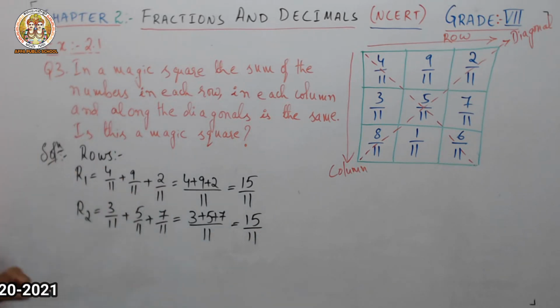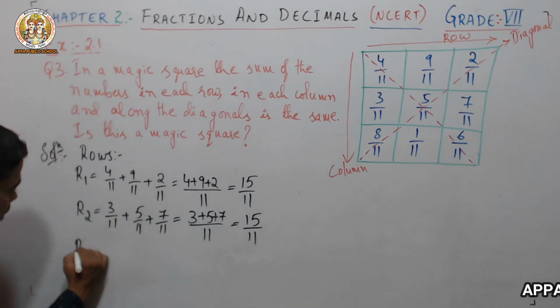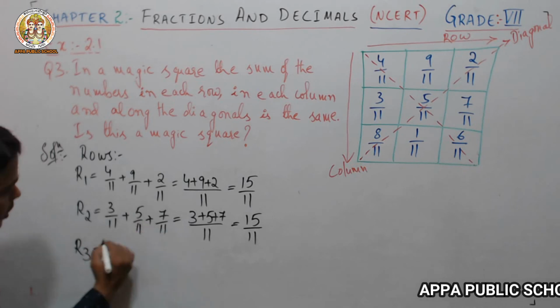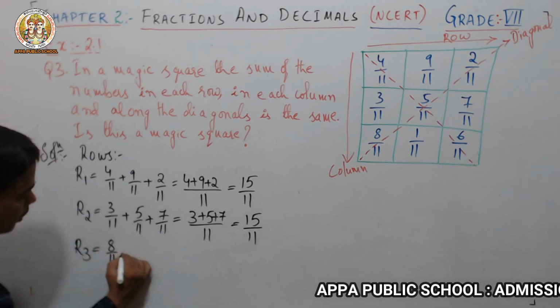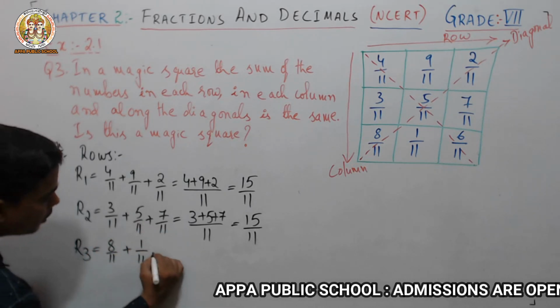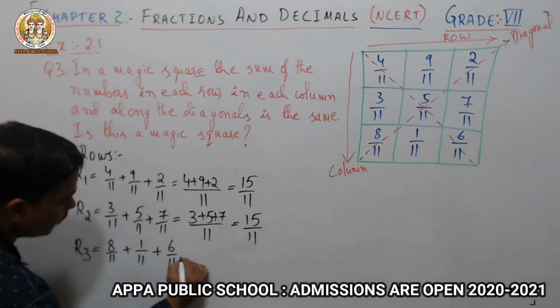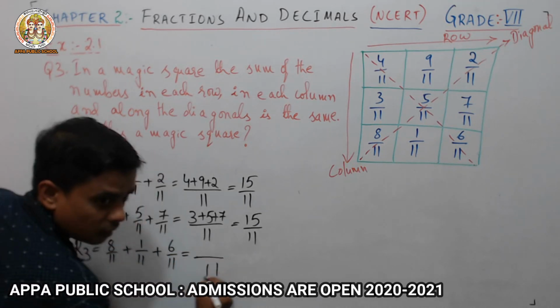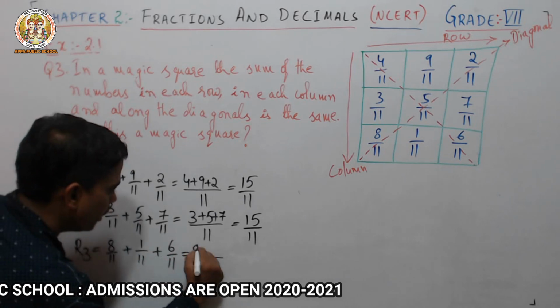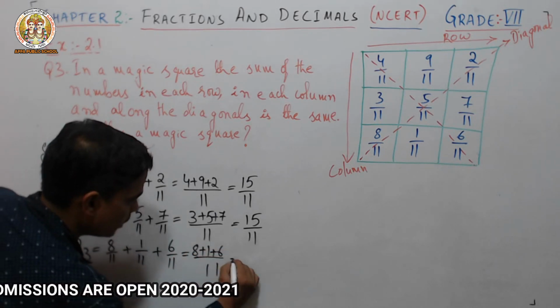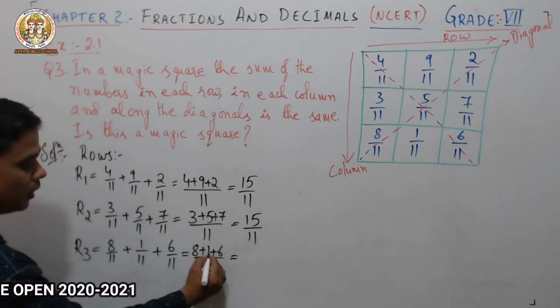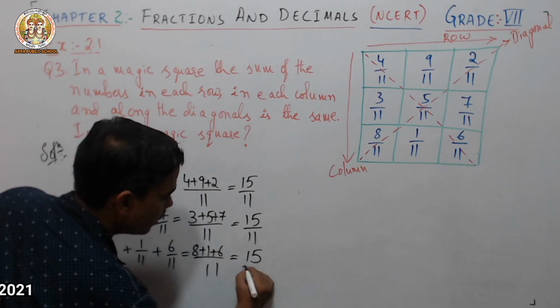R1 and R2 I got 15 by 11, 15 by 11. Next I will move to R3, which is 8 by 11 plus 1 by 11 plus 6 by 11. Once again the denominators are the same. 8 plus 1 is 9, 9 plus 6 is 15 by 11.